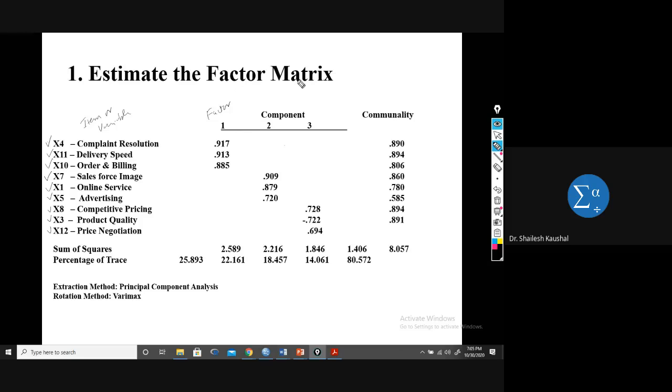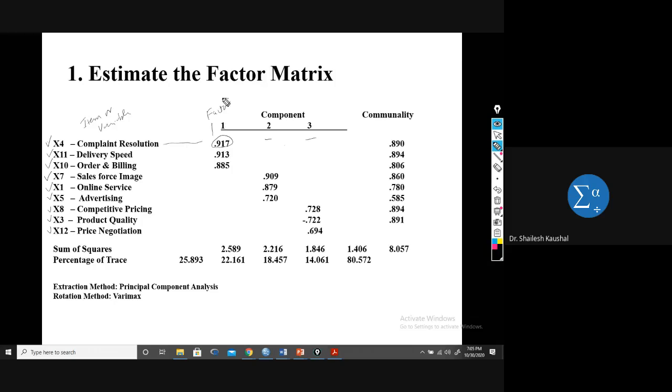The factor matrix is basically a description of the variables and factors, and this is known as factor loading. It is nothing but the correlation of this particular variable with factor 1. Theoretically, one variable should be highly correlated with one factor and ideally unrelated to the other factors.